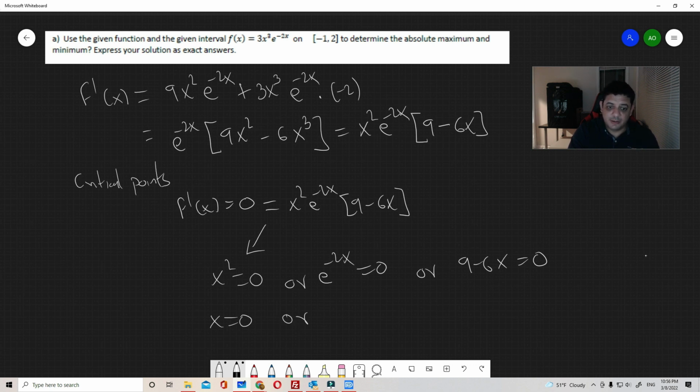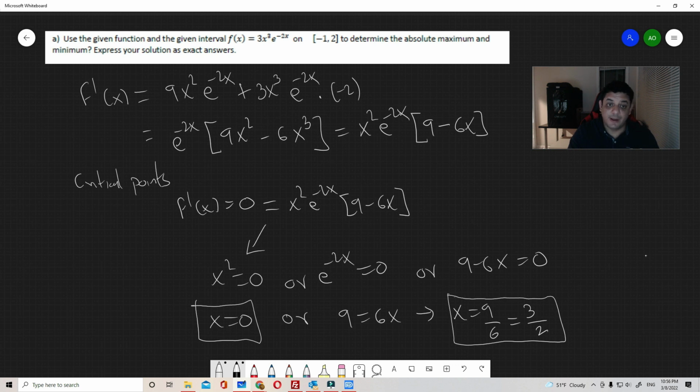Okay? This is never going to touch 0, so we don't get any points from here, but we get a point from 9 minus 6x equals 0. That's going to be 9 is equal to 6x, or x is equal to 9 over 6, which can be simplified to 3 over 2. Now, that gives me all the critical points. x equals 0, and x equals 3 halves, or 1.5, any way you want to see it.